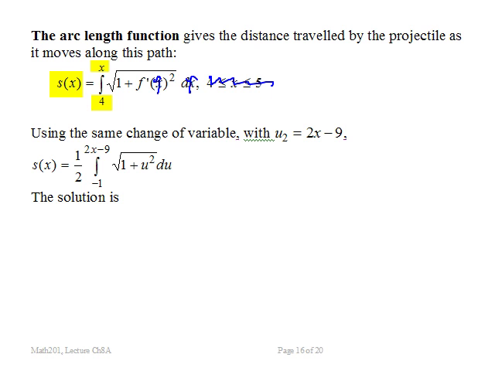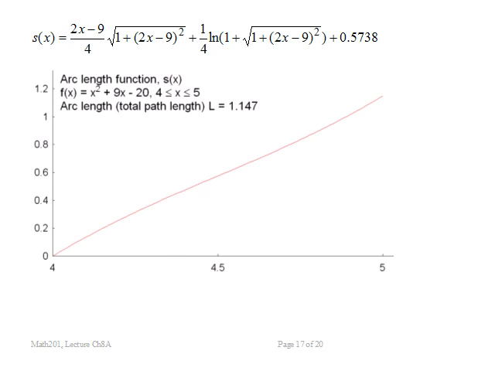Okay, use the same change of variable and basically the same procedure. And now we have an expression for the arc length function. You'll see here that it really is a function of x. Okay? Looks a little long, but you can see it varies with x, and I could even plot it.